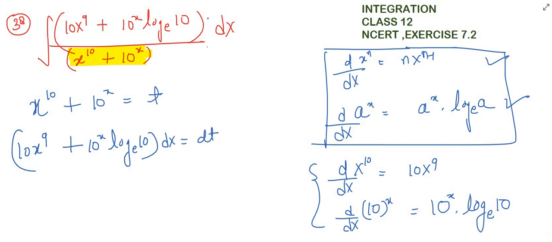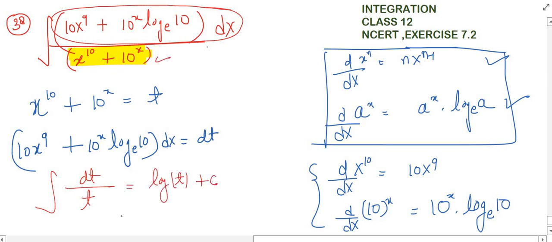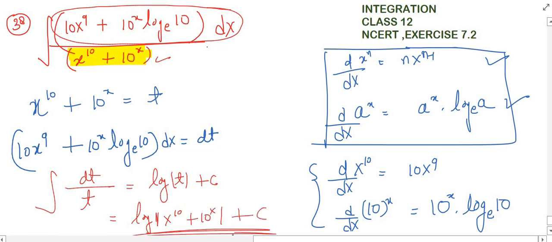This entire thing is nothing but dt. So now it is dt by t, and it is nothing but log of t plus c. This is my answer. And what was t? T was this. Very simple question. Okay? Just one more is left.